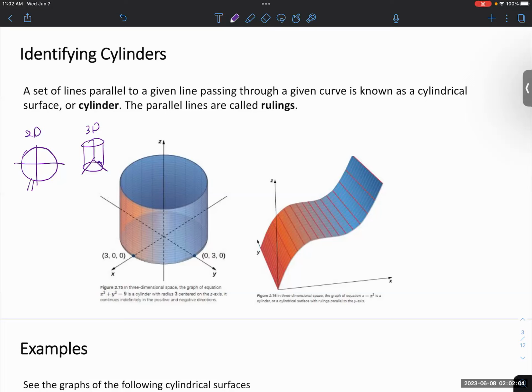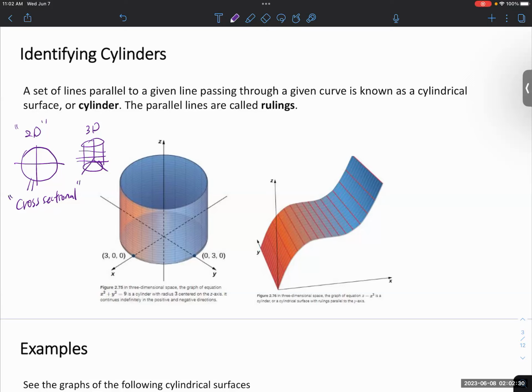So this image in two-dimensional space is a cross-sectional image, because when you chop the three-dimensional shape, you will see only the cross-section. So in two-dimensional space, whatever the three-dimensional shape is, it will be considered as a cross-section.